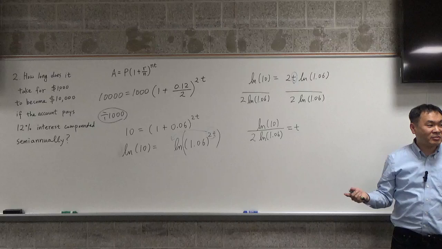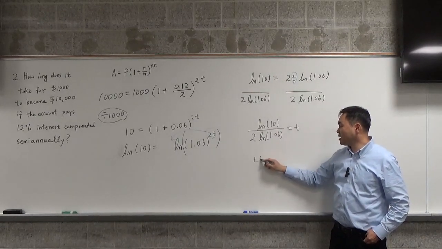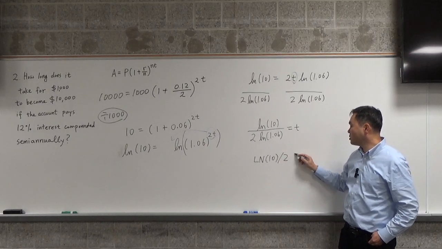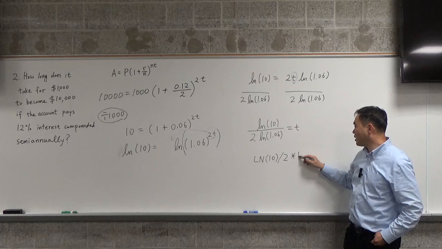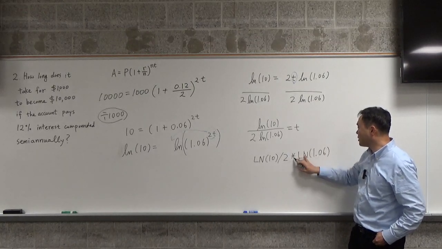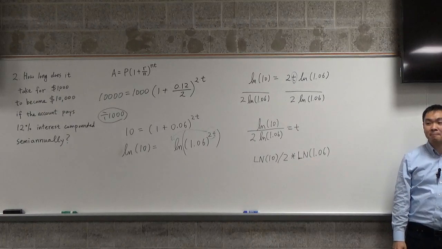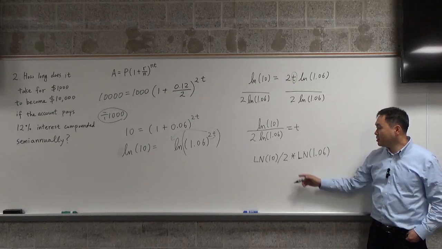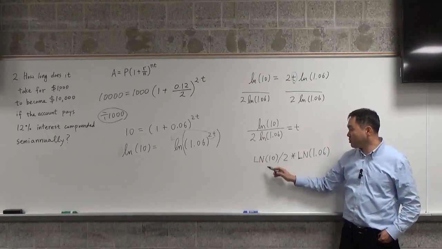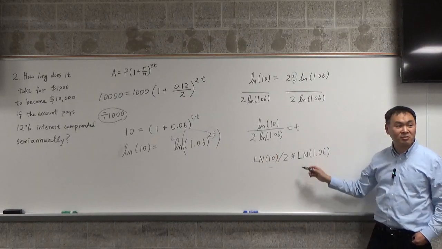Now, common mistake. A lot of you will put this as ln 10 divided by 2 times ln 1.06. If you do this, you get the wrong number. Why? Because the calculator will think you're doing division first and now you're multiplying by this number.